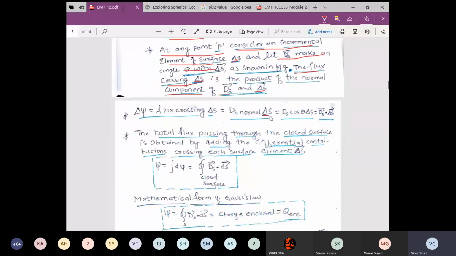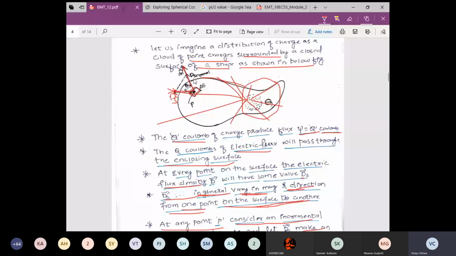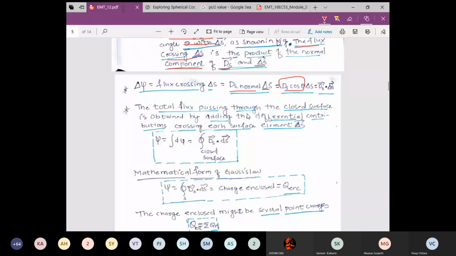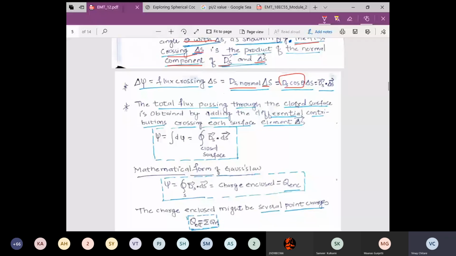D cos theta is the normal component of D along this unit vector, which we call D normal, and you multiply it with delta S. You will get the flux crossing that small incremental area. And recalling the dot product, we can write this as D dot delta S.